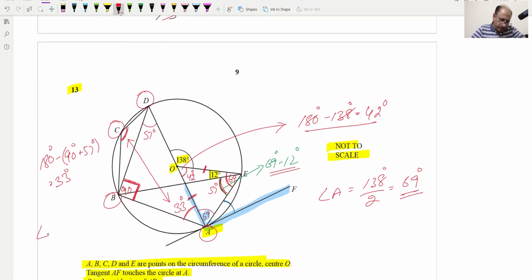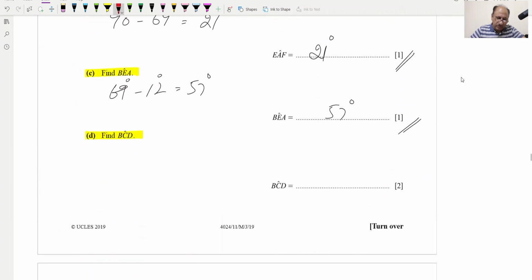So angle BCD will be equal to 180 degrees minus 33 degrees, which is 147 degrees. This is the working which I've shown, and we can write the answer over here. 147 degrees will be our final answer for this 2 marks part.